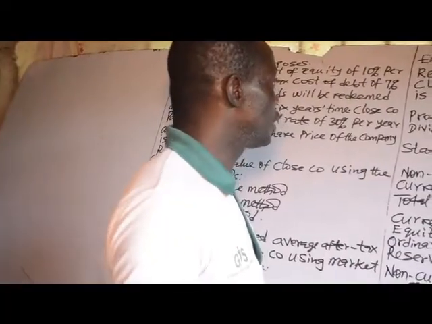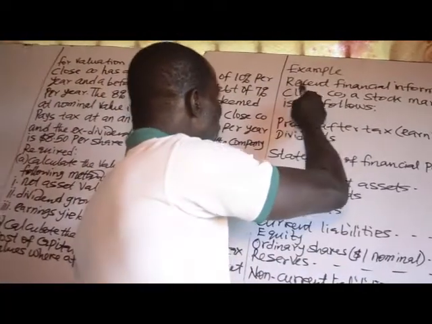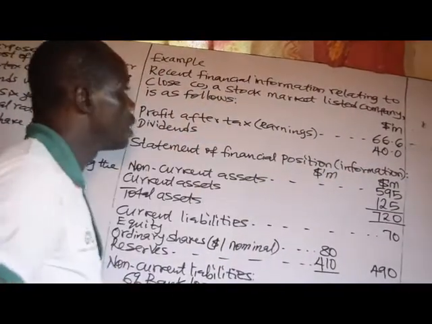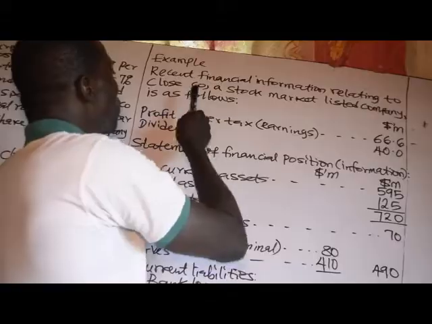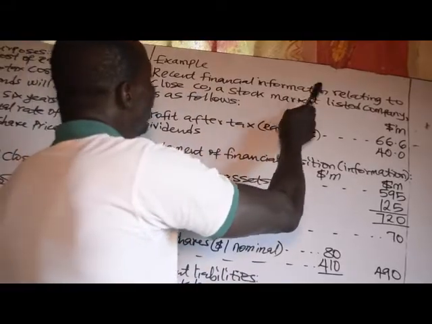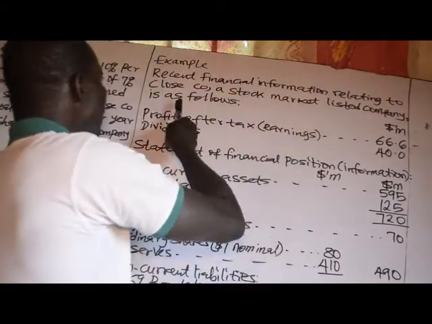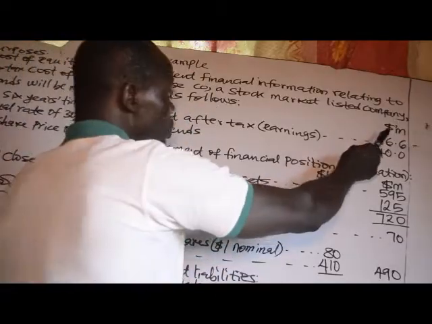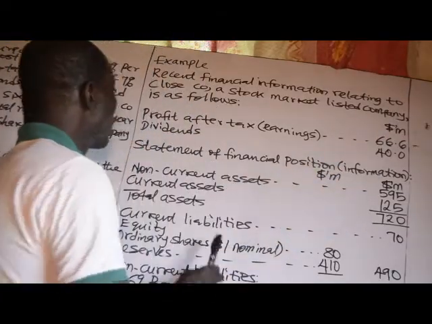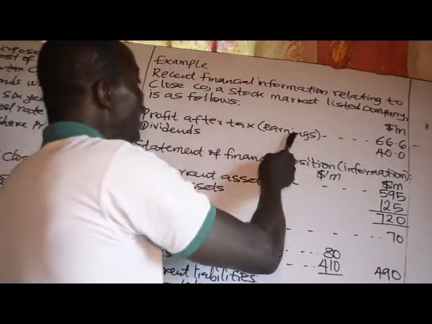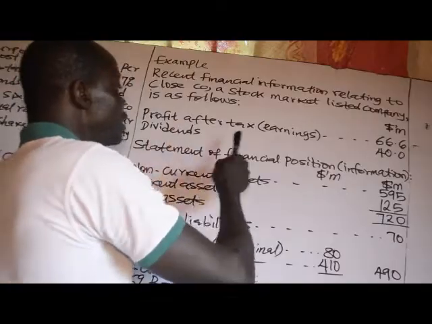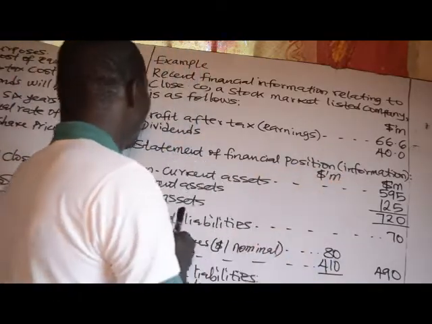Now, example. Recent financial information relating to Close Co, a stock market listed company, is as follows. Amount in $1 million. Profit after tax, earnings 66.6, dividends of 40.0.